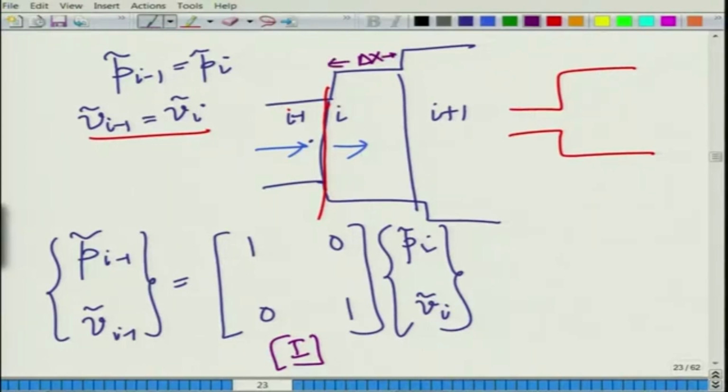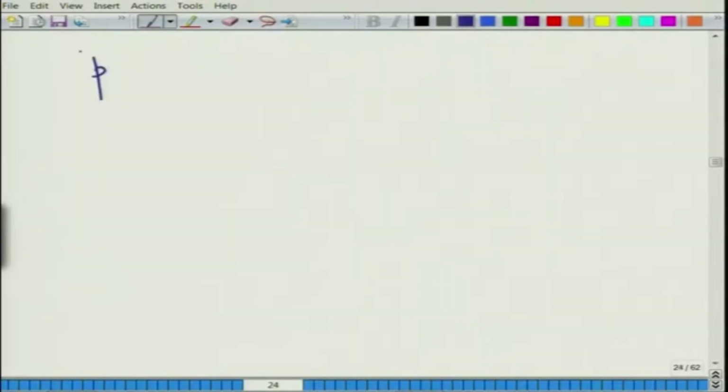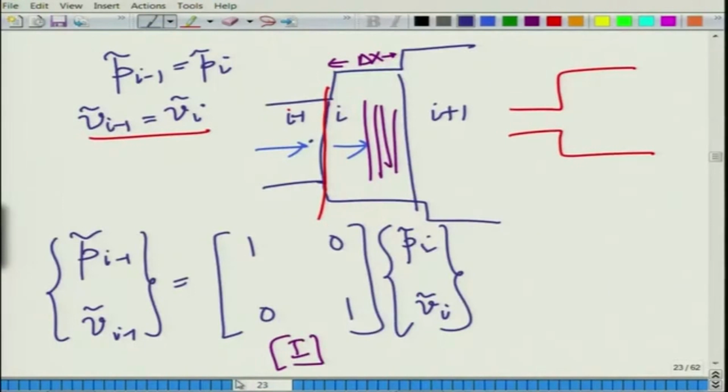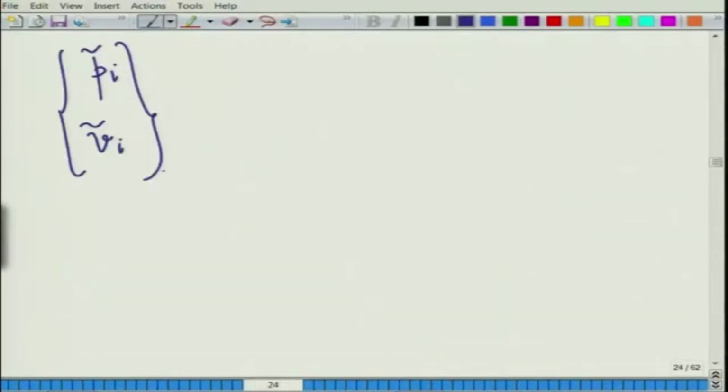So, what happens over the wave propagation that occurs here? How is it related? As we know, let me go to another slide perhaps. P I and V I at x equal to 0, and this is delta x, as we saw, are related to this one by cos of k naught times delta x, j by y I, sin, cos.